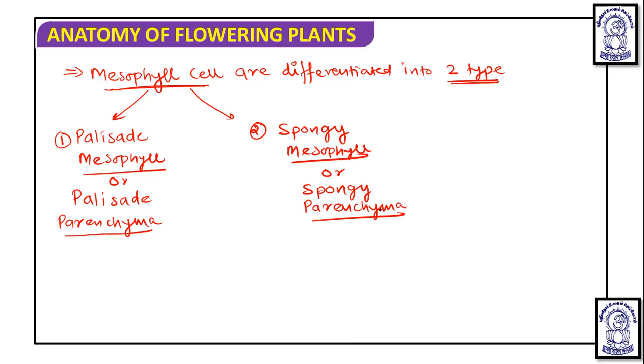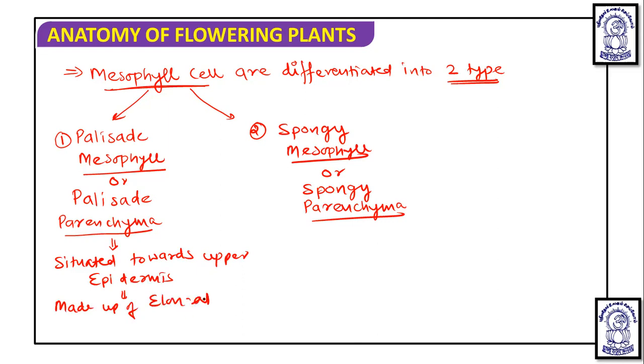Now, when we talk about this palisade mesophyll, these are situated towards upper epidermis or adaxial epidermis or ventral surface, and it is made up of elongated cells, which are vertically arranged parallel to each other.